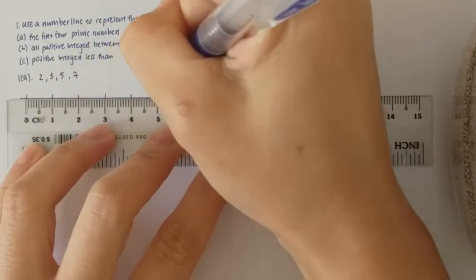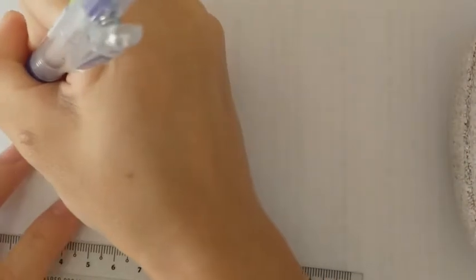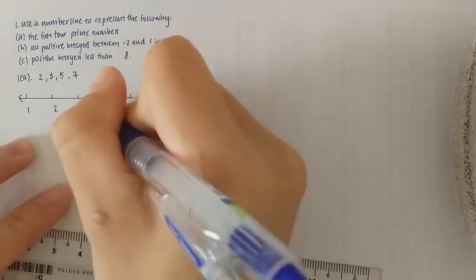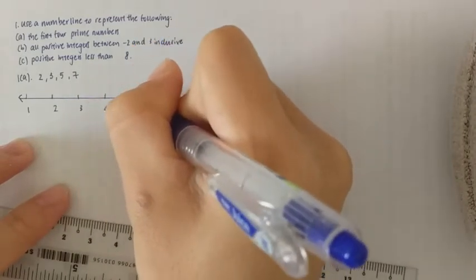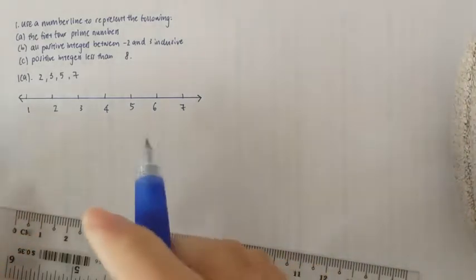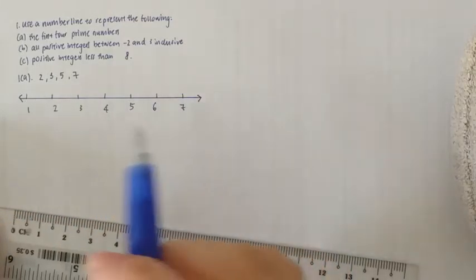I'm using 1 cm markings, so I will have equal spacing. And I may choose to start with 1, followed by 2, 3, 4, 5, 6, 7. Always draw your arrows, 1 at the end and 1 at the other end.